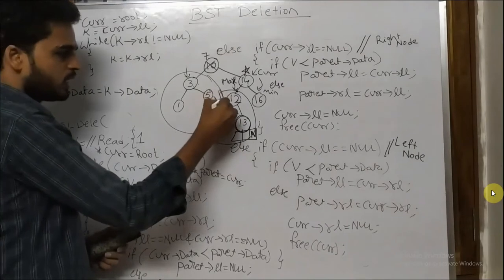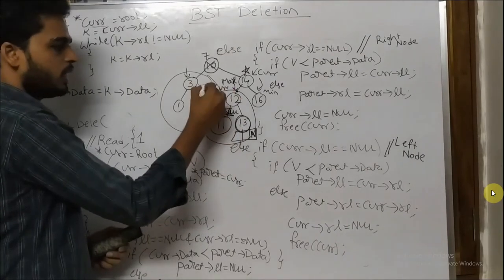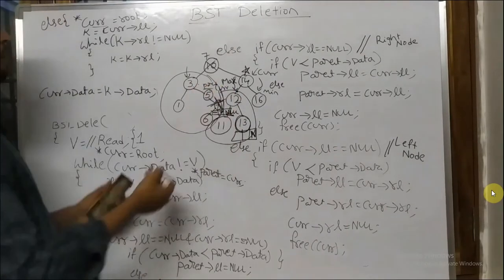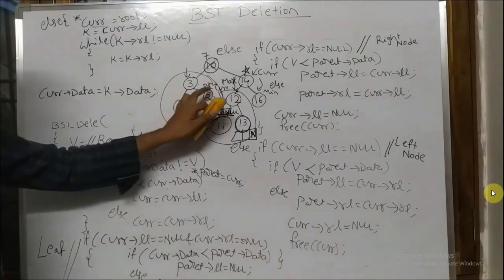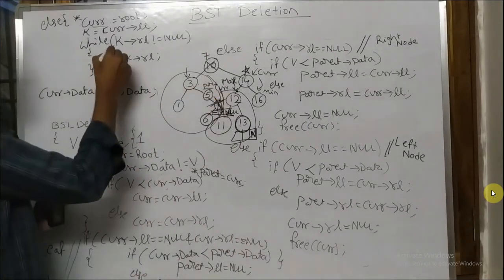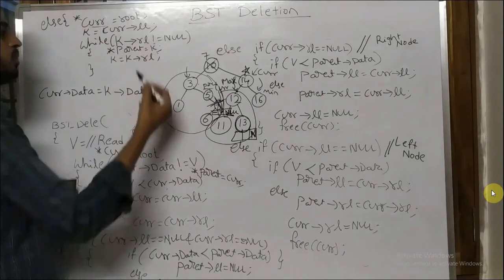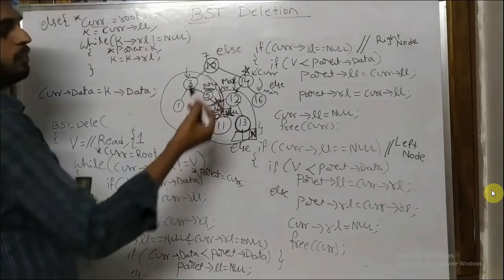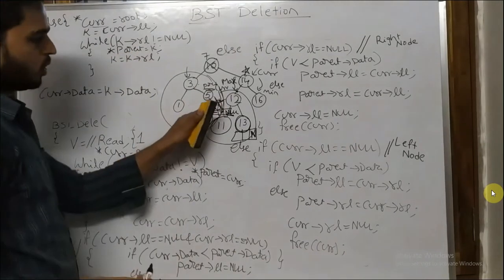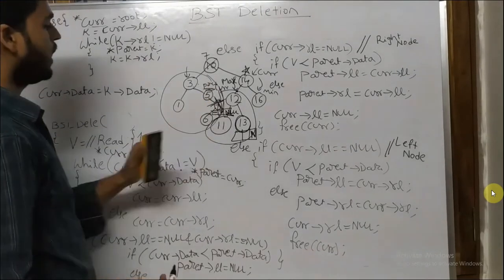With respect to this one, this is the corresponding current node, then this is the corresponding parent node. So is there anywhere you have maintained the parent node? No. So for that, every time we need to write parent equal to, okay. Now we have maintained the parent value. So in this particular case, what you need to do? You need to make changes.